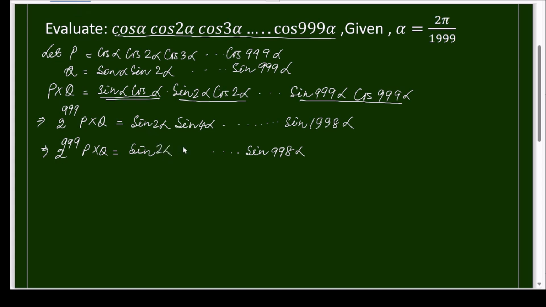Sine 2 alpha, sine 4 alpha, all the even numbers. Somewhere I'll get sine 998 alpha. Next will be sine 1000 alpha. And last will be sine 1998 alpha.